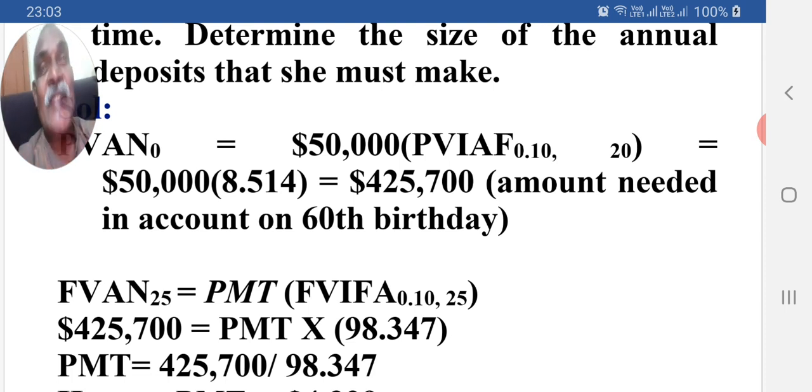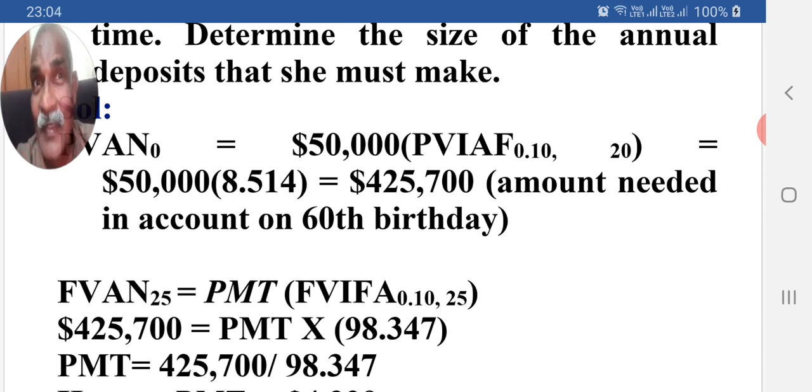Right now your age is 35. So how many years do you have to save? 25 years. So you want to calculate the future value after 25 years.